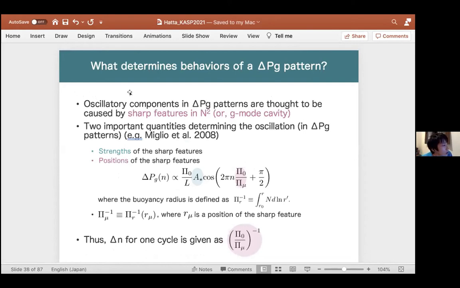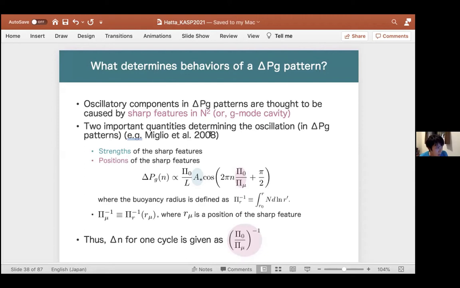It is theoretically known that oscillatory components in delta PG patterns are thought to be caused by sharp features in the Brunt-Väisälä frequency. And there are two important quantities determining the oscillation in delta PG patterns. One is the strength of the sharp features, and another is the position of the sharp features in the Brunt-Väisälä frequency.